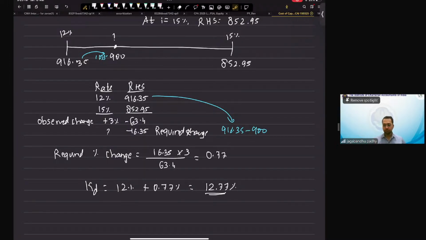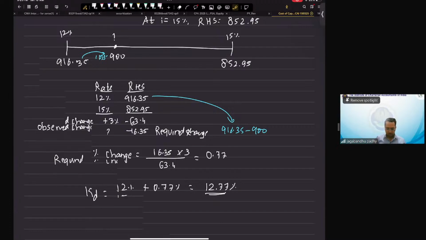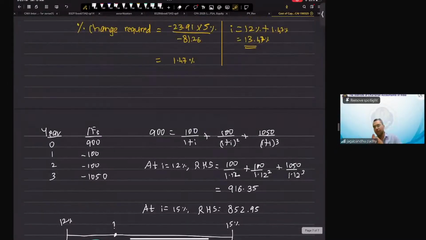Okay. We have done cost of debt, and cost of preference share by the shortcut method and also by way of this YTM or IRR.